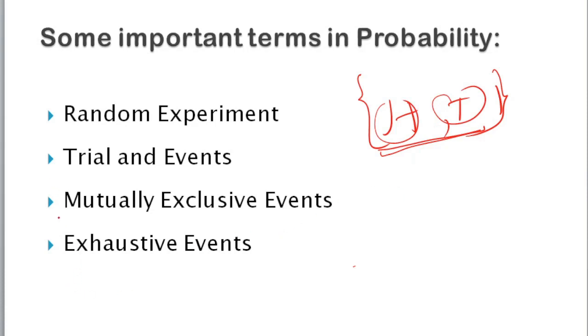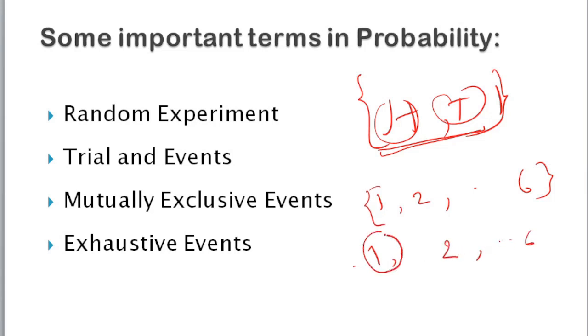Similarly, consider mutually exclusive events. Events are said to be mutually exclusive if the happening of any one of them prevents the happening of all the others. In a throwing a die problem, there will be six different faces. If we throw the die, there will be either one or two, up to six.